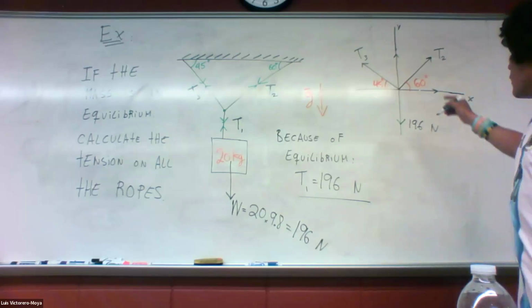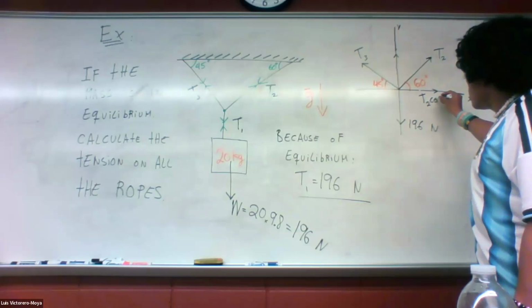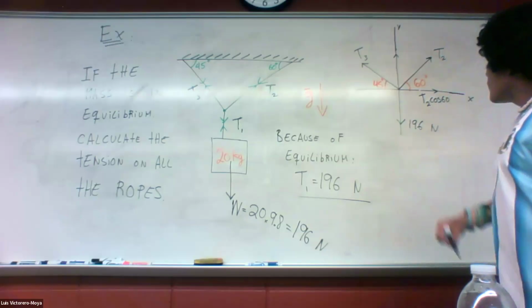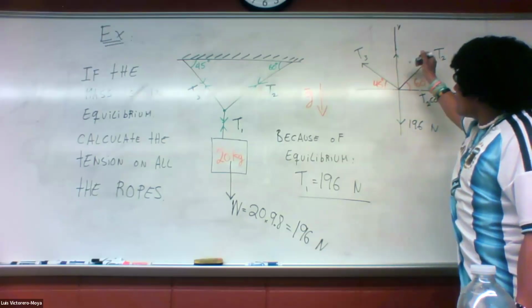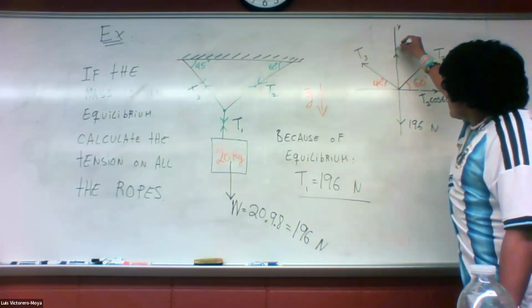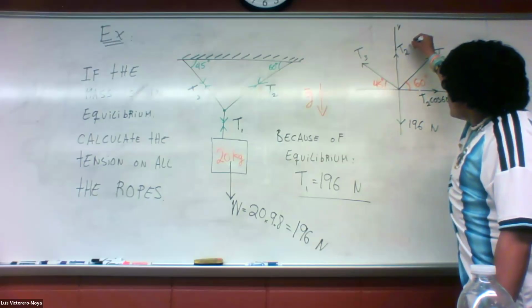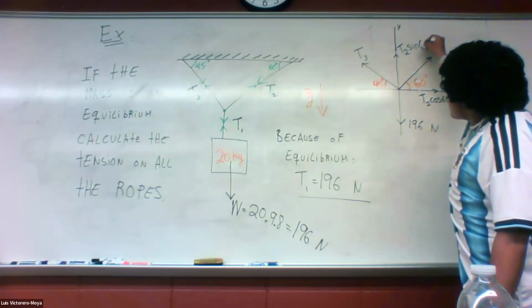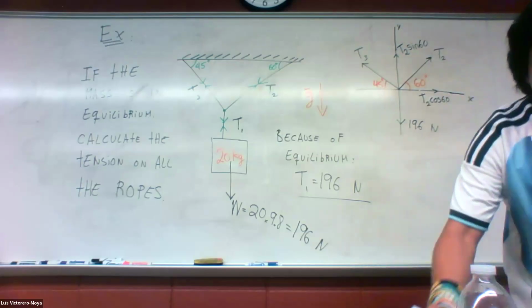Is it T2 cos 60? T2 cos 60. Very good. And what will be the Y component? T2 sine 60, right? Okay.